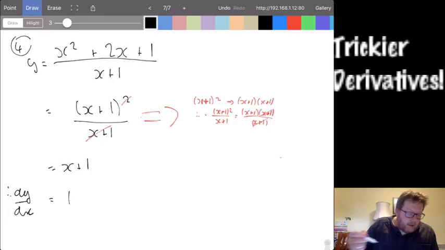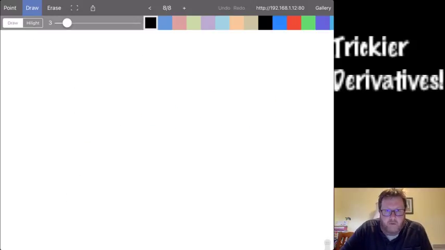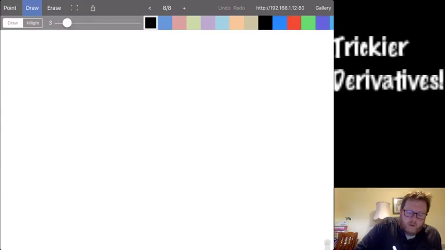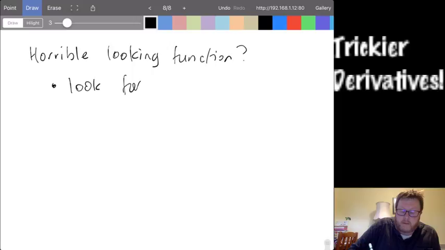Okay, last example, and I think that's about all I've got for the examples now. So again, just to reiterate those steps. If you've got a horrible looking function, what do you do? You look for ways of simplifying.